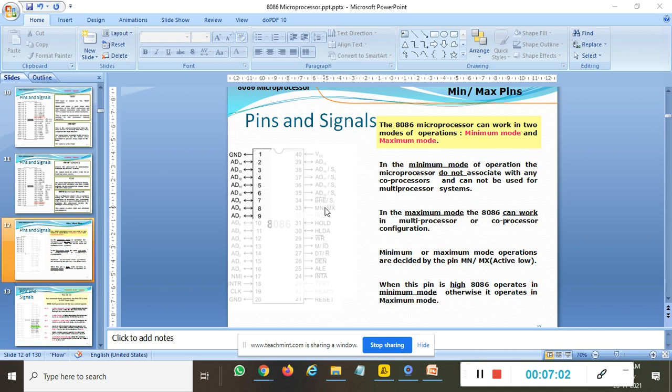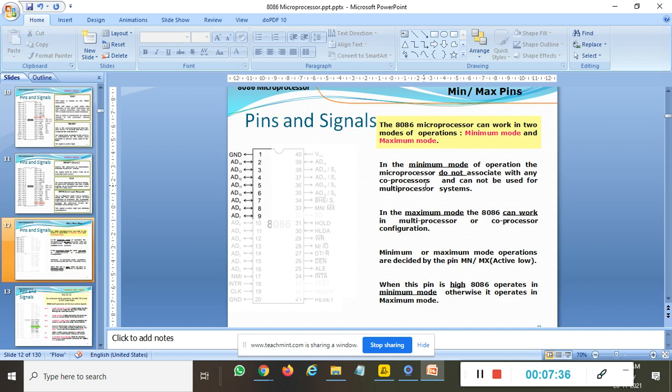Okay, so what happens in minimum mode of operation? The microprocessor is not associated with any co-processor and cannot be used for a multi-processor system. Only it is used as a single processor in minimum mode. So what is the function of minimum mode?